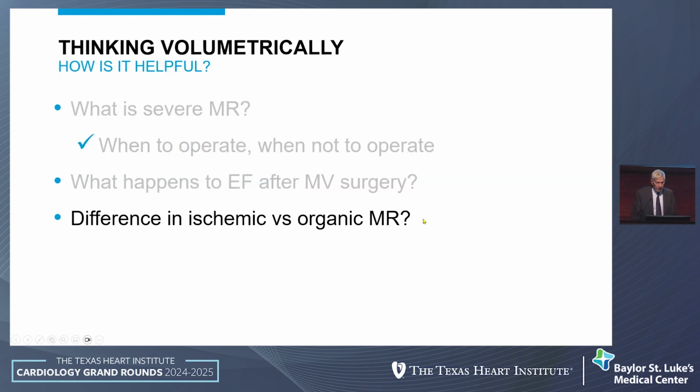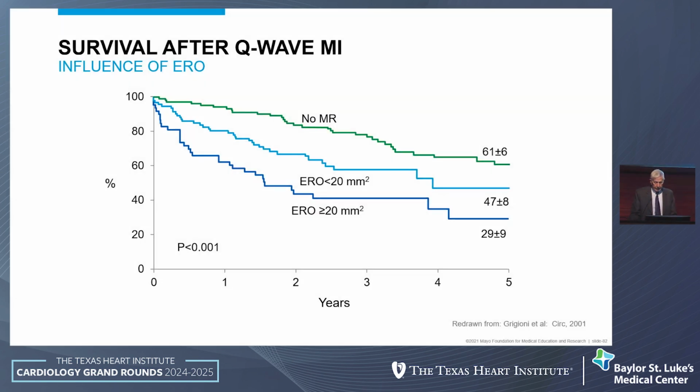Now, thinking volumetrically also helps in thinking about the difference in ischemic and degenerative mitral valve regurgitation. And there's no question that the presence of mitral regurgitation is a prognostic factor for patients with heart failure. We have many experts in heart failure in the audience that know more about that than I do.